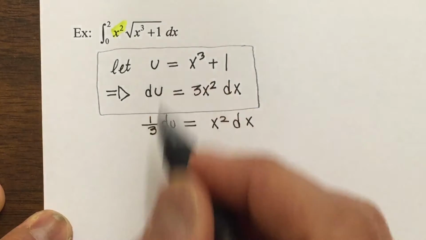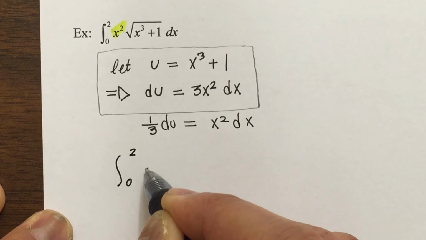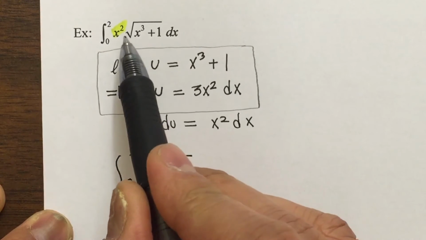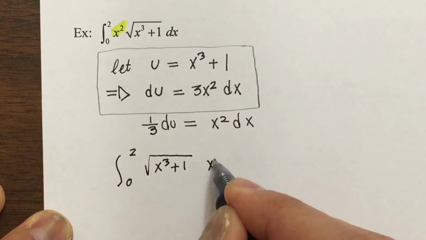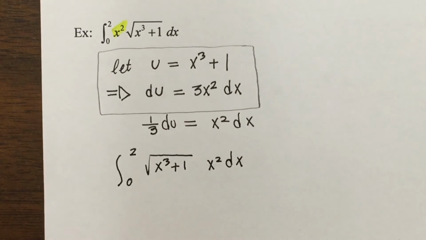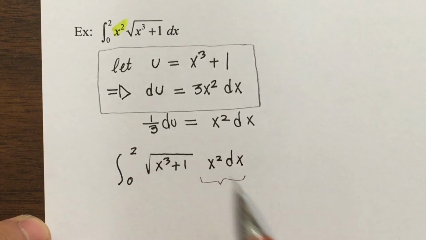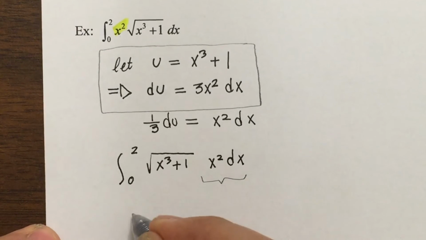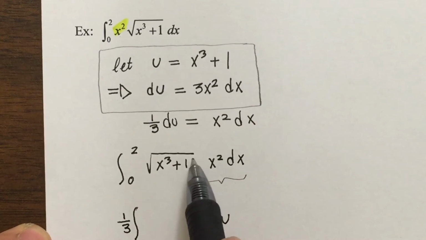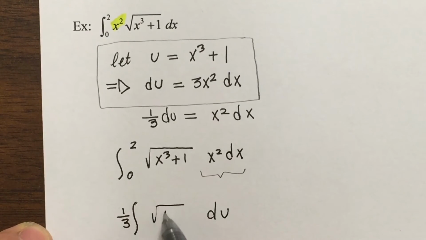If it's harder for you to see the substitution, I would recommend that you copy down the original problem and instead of writing x squared before the radical, write it after the radical like this. Hopefully now you should be able to see that we're going to make a substitution, so that will be replaced with 1/3 du. Plug in 1/3 du for that expression and replace this inside expression with the letter u, because that's what u equals. So that's the square root of u.